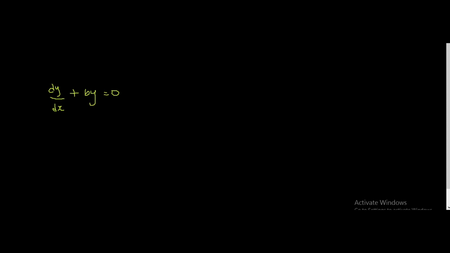Just know that all homogeneous differential equations are always equal to 0. Once they are not equal to 0, they are non-homogeneous. So you can define a homogeneous differential equation as an equation whose right hand side is equal to 0. That's just a very simple definition you can give to it.